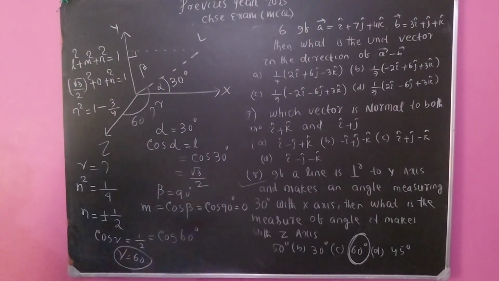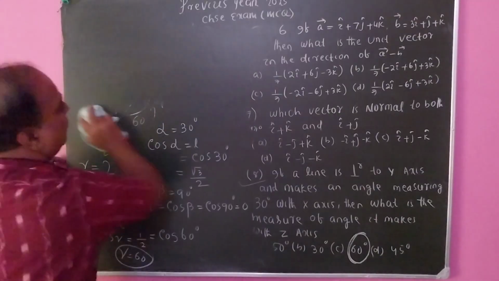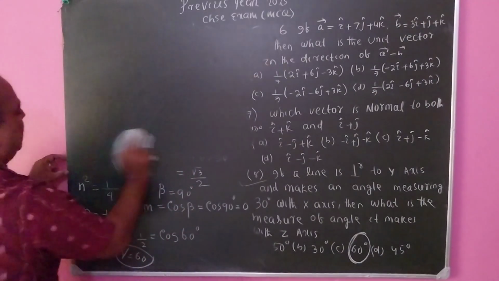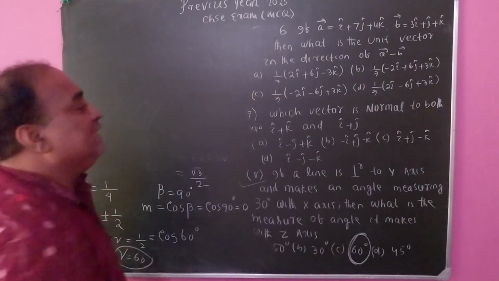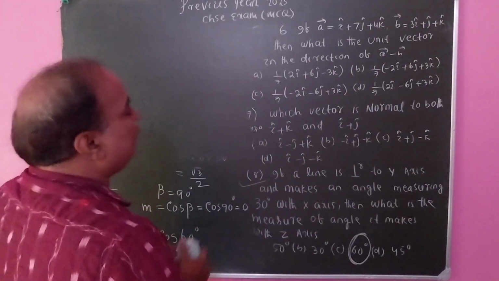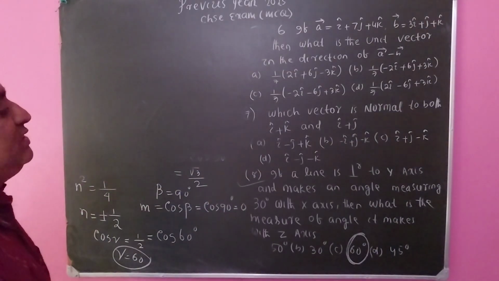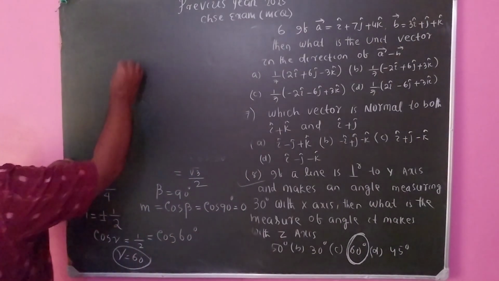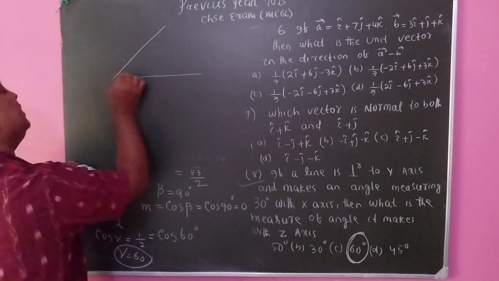Okay. So now let us take question number 7. What is question number 7? That is from vectors. Which vector is normal to both i cap plus k cap and i cap plus j cap? Suppose this is a vector, and another vector is here.